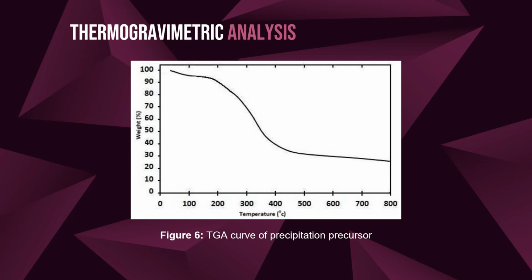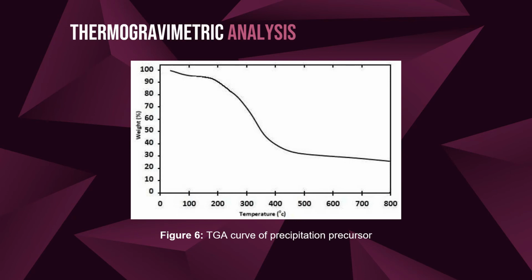The first step of mass loss was gradual and took place between 30 and 150 degrees Celsius. The removal of surface absorbed water resulted in a mass loss of 18.9%.